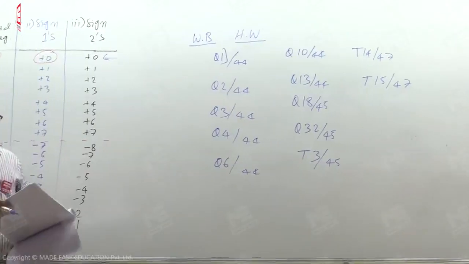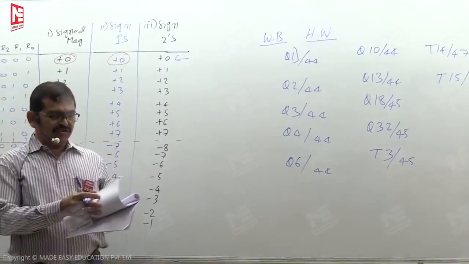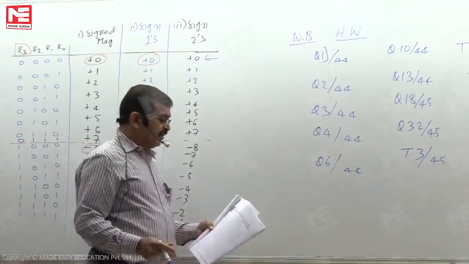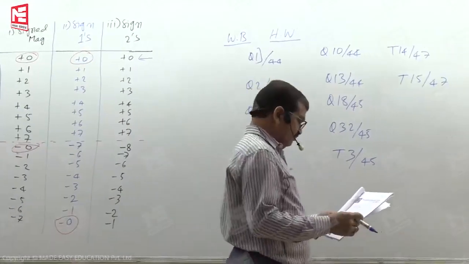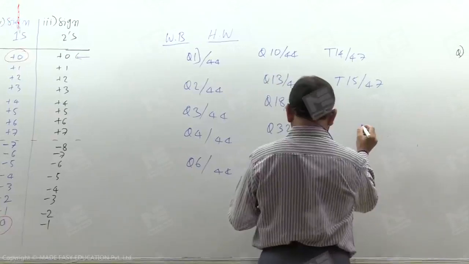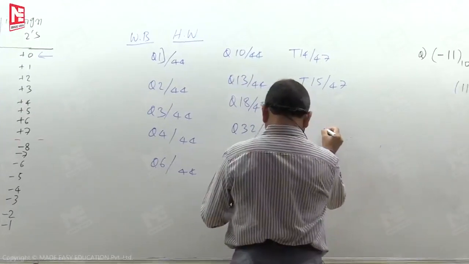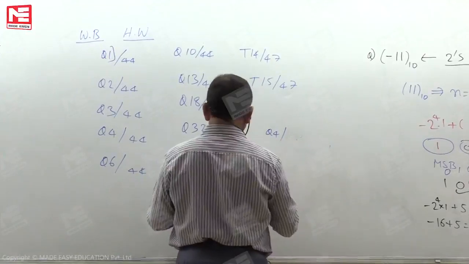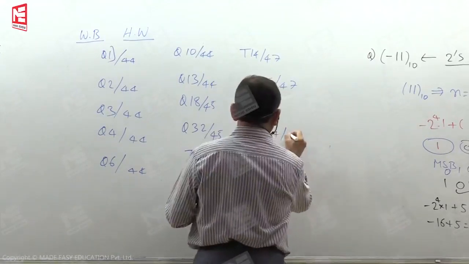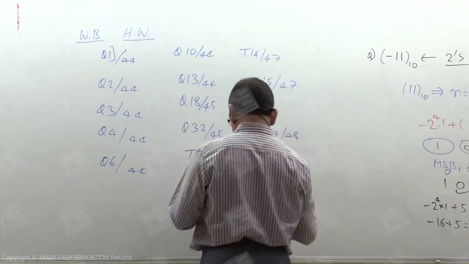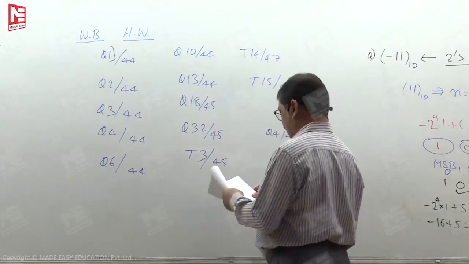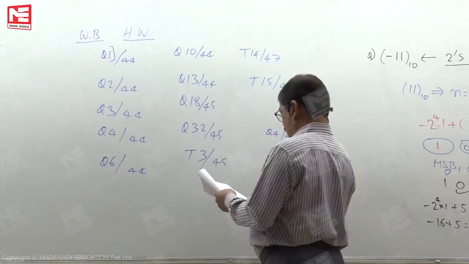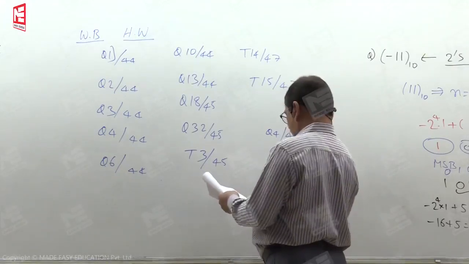Similarly, here are some questions from chapter 2, related to Boolean algebra, which we already discussed. Question 4, page number 48. Question 8, page 48.